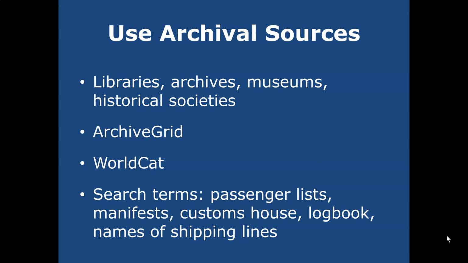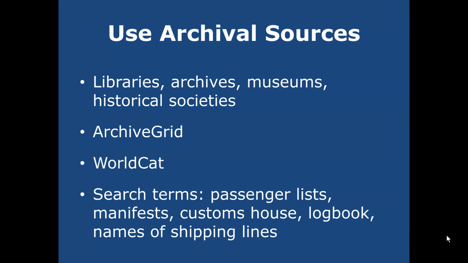One place that you can search the collections of those places is ArchiveGrid. It's a free website, and good search terms to put in are passenger lists, manifests, customs house, logbook, and the names of shipping lines.